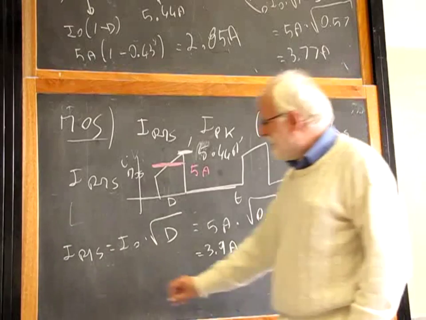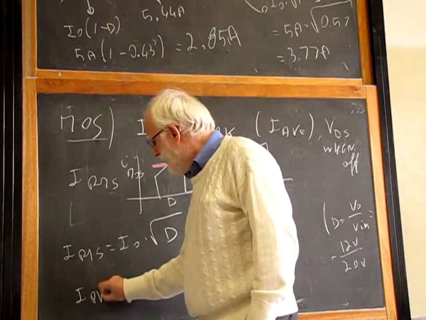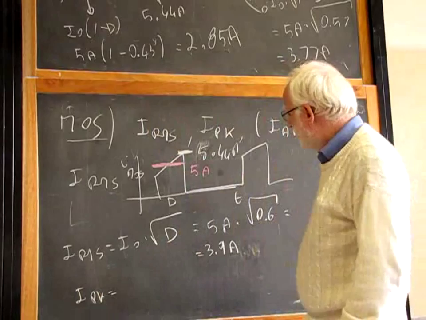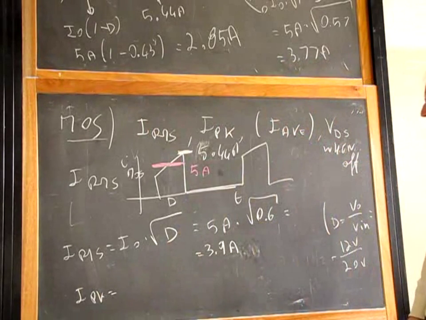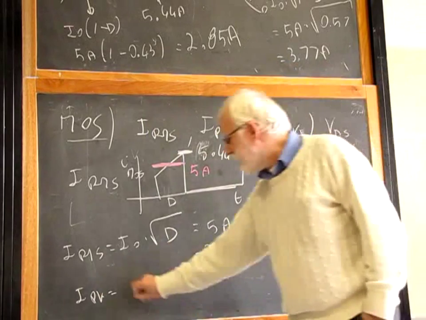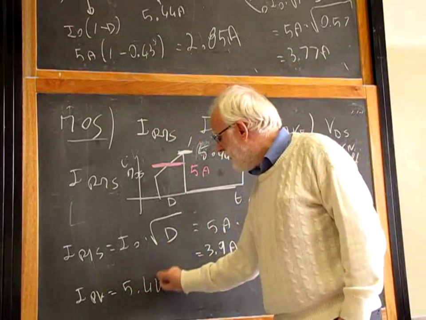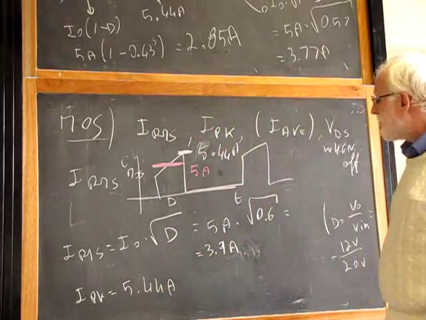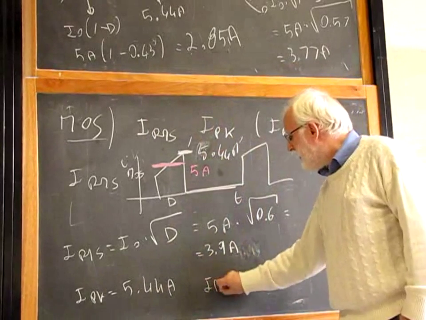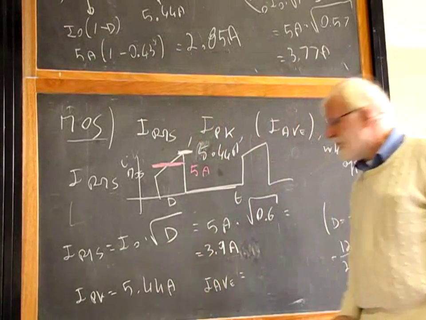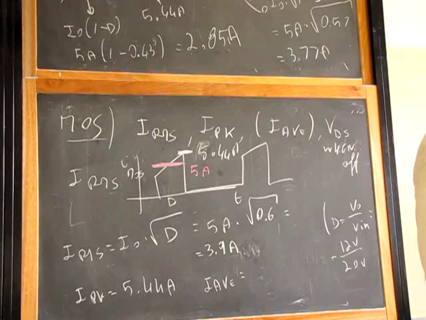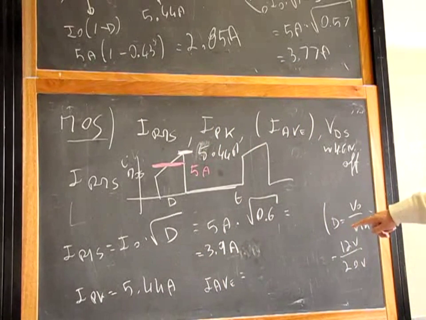IP equals 5.44 amps. I average: do you need the average current for a transistor?